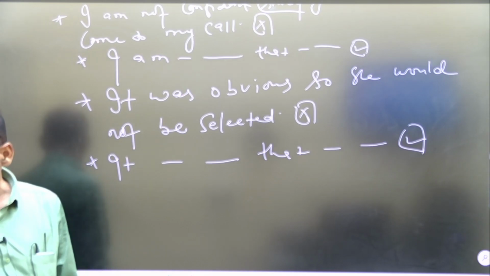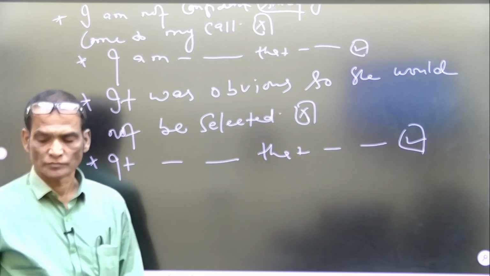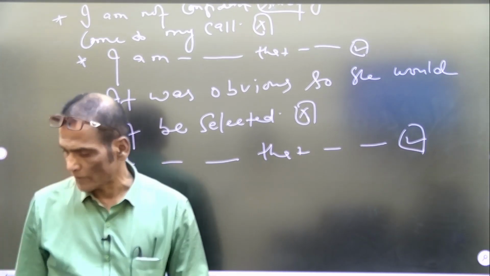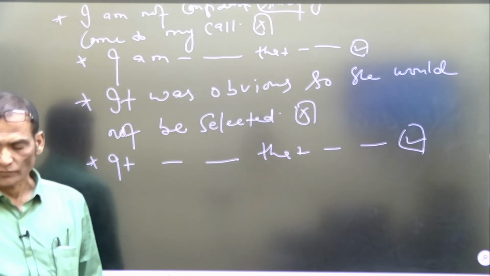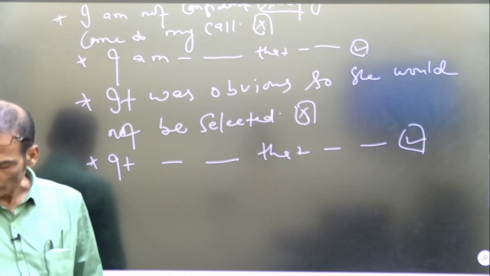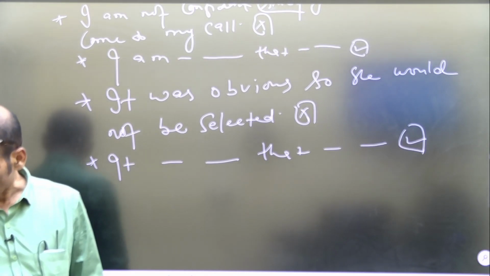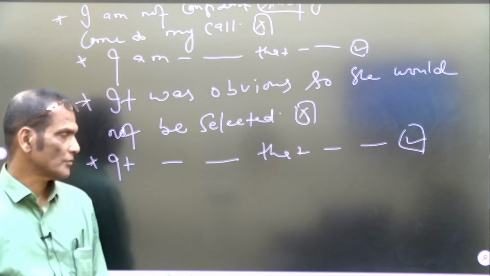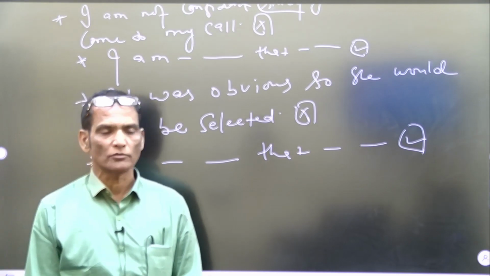Dear, there are some nouns which are very frequent with that. I told you in my previous video that the connector that is very frequent with some of the words.